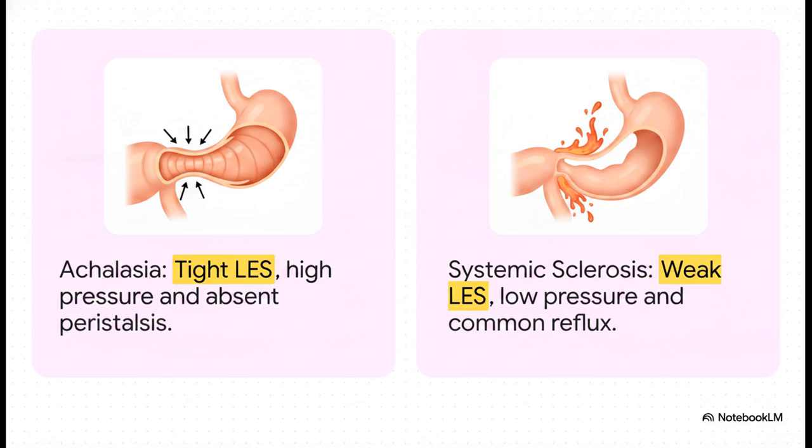Achalasia blocks food with this tightly clenched, high-pressure sphincter that just absolutely refuses to relax due to nerve damage. In stark contrast, systemic sclerosis features a floppy, weak, fibrotic sphincter with terribly low pressure. It's practically an open door, constantly inviting stomach acid to splash up. So one presents with a concrete wall, and the other with a totally incompetent barrier causing horrible reflux, yet both completely wreck normal esophageal movement.